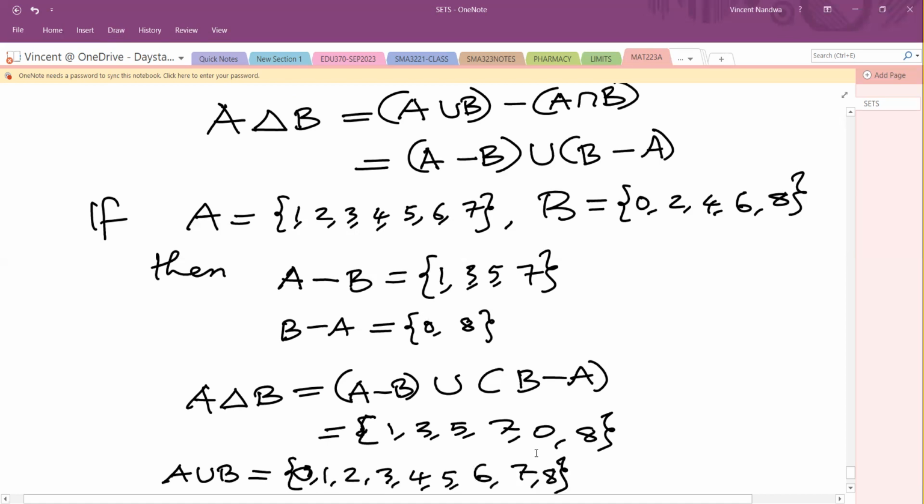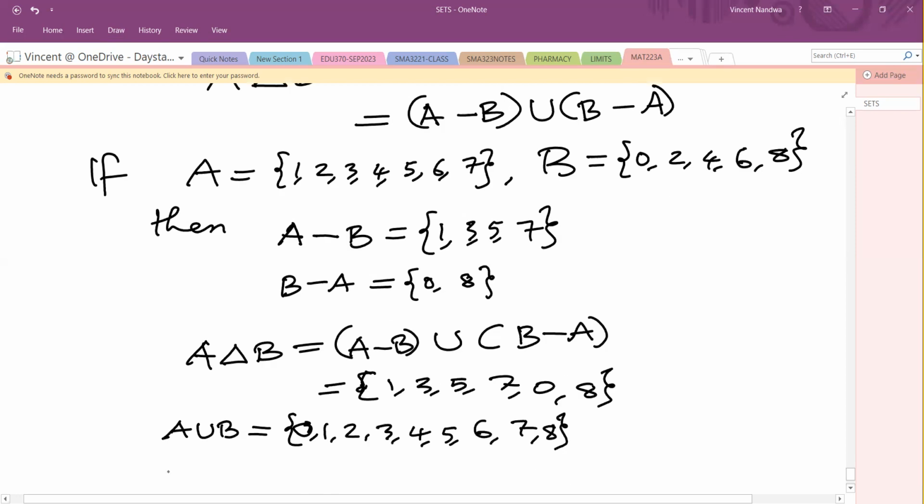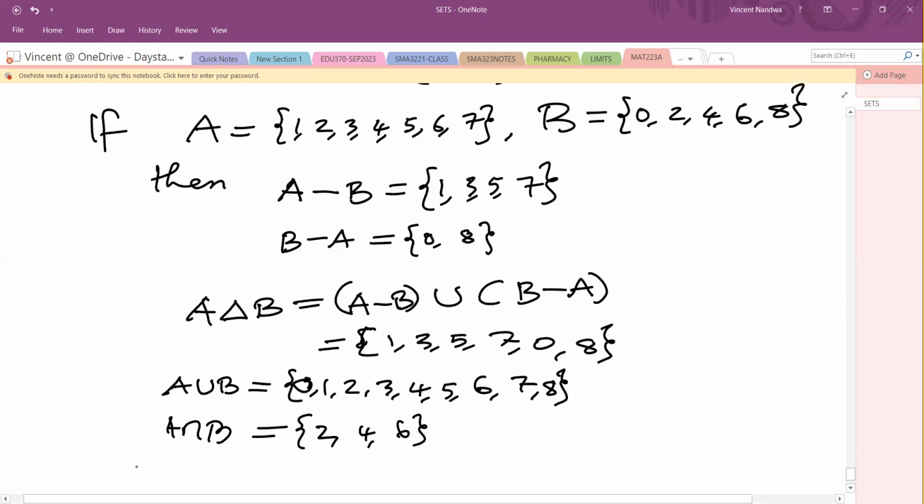And what is A intersect B? 2, 4, and 6. Then what is A union B minus A intersect B?